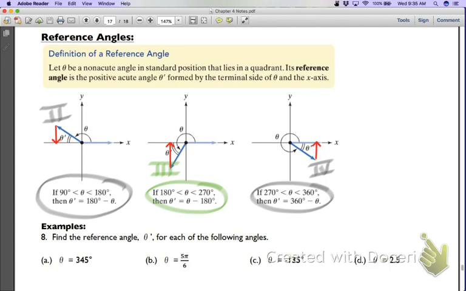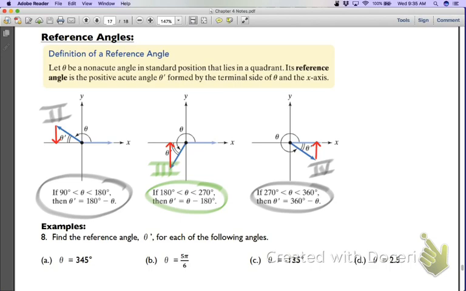Quadrant 2, sine is positive. Quadrant 3, tangent. Quadrant 4, cosine is always positive. So the other two are going to be negative, except in quadrant 1, which is always positive.